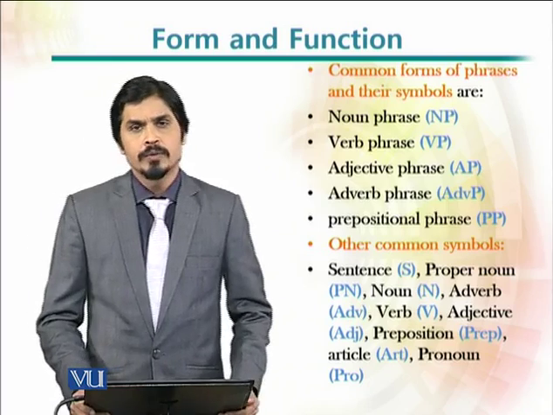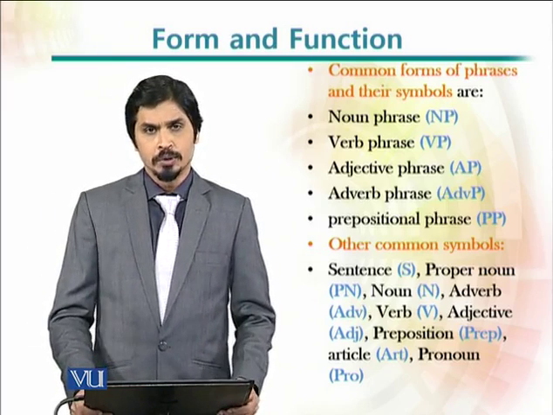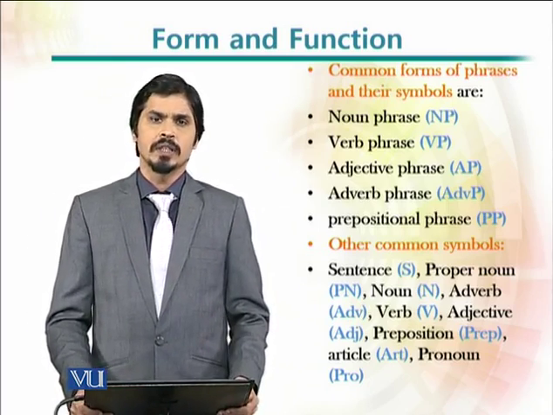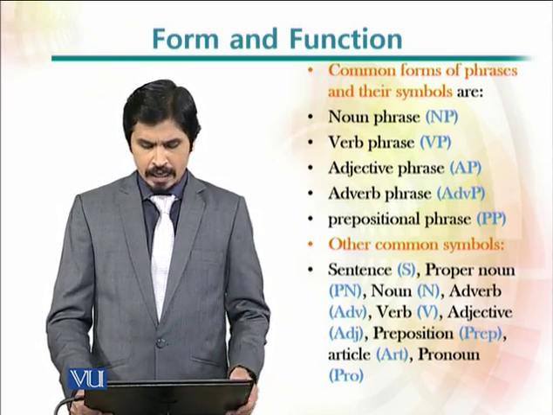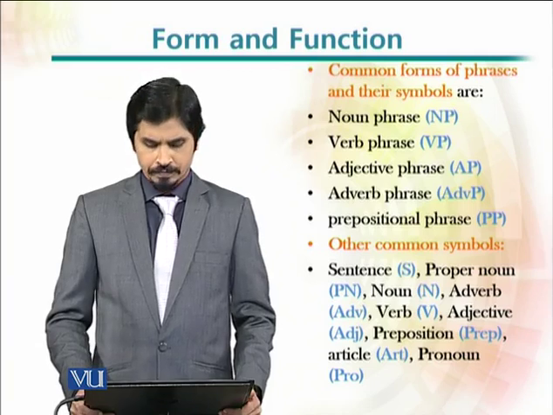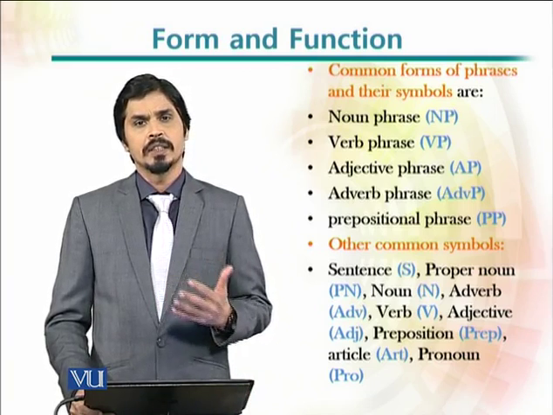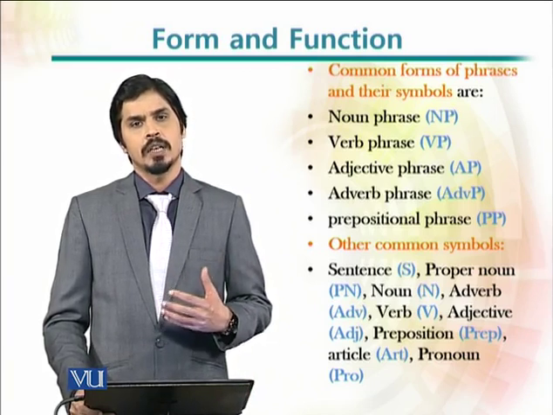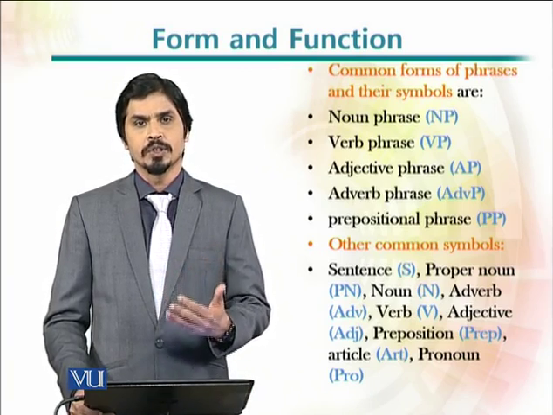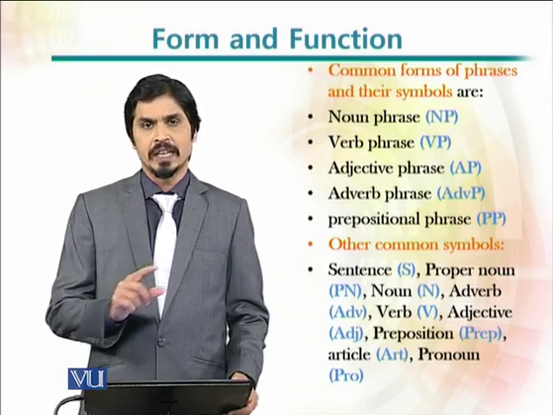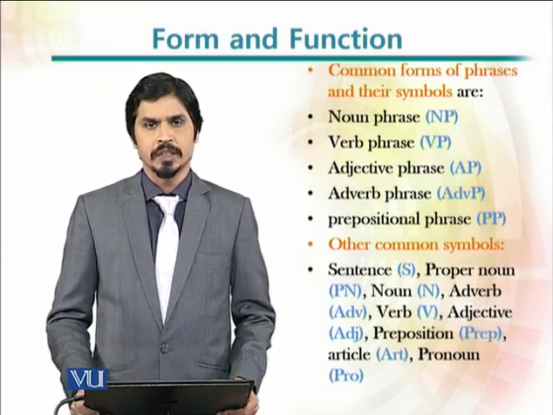Some of the common forms of phrases used in the English language are noun phrase, verb phrase, adverb phrase, adjective phrase, and prepositional phrase. There are also certain symbols used to represent them, and you could see them in front of the titles of these phrases on your screen.